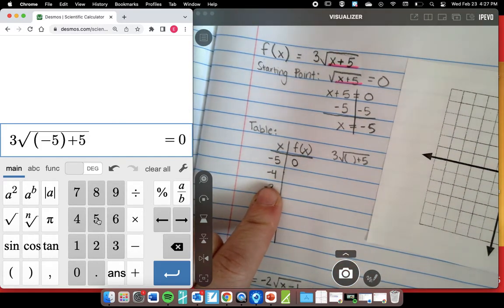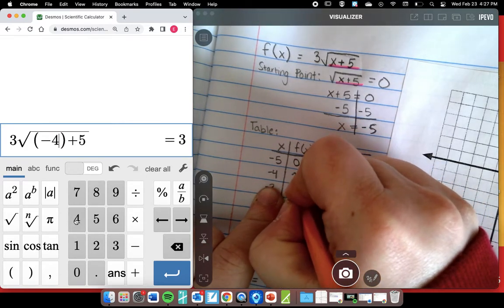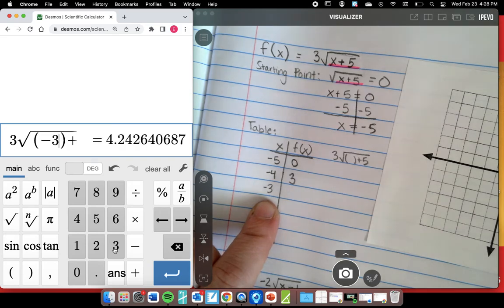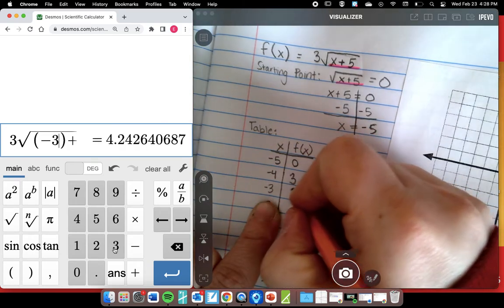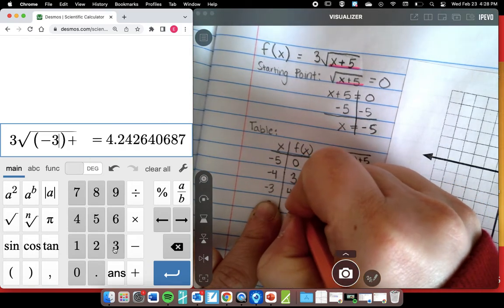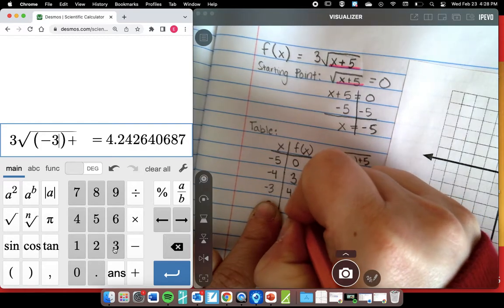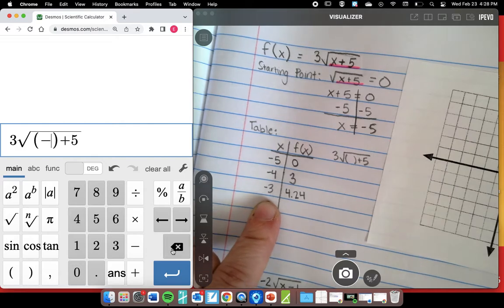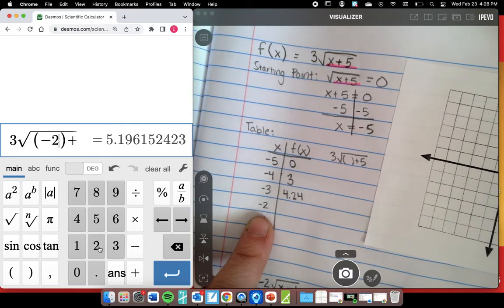And I'm going to make it negative 4. We get 3. Negative 3. We get 4.24. We just need a close enough approximation so that when we graph it, we can see about where it is. Negative 2.